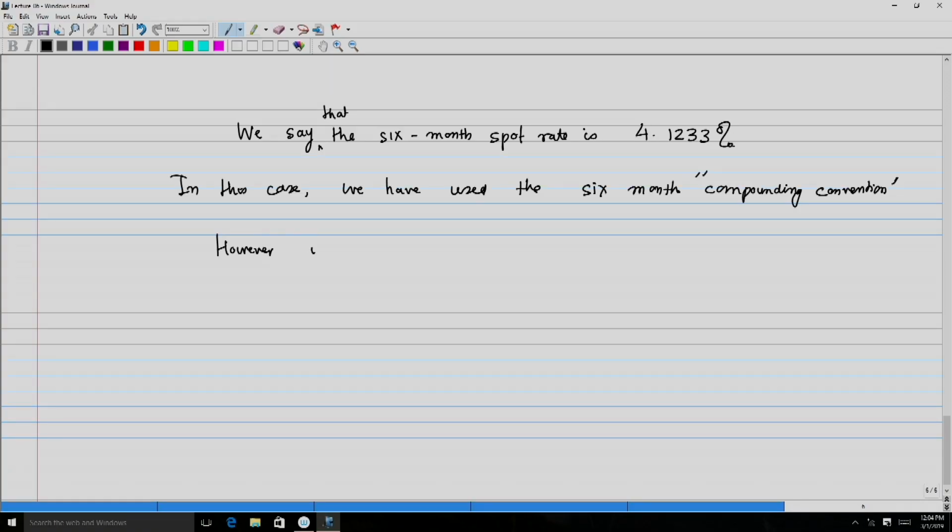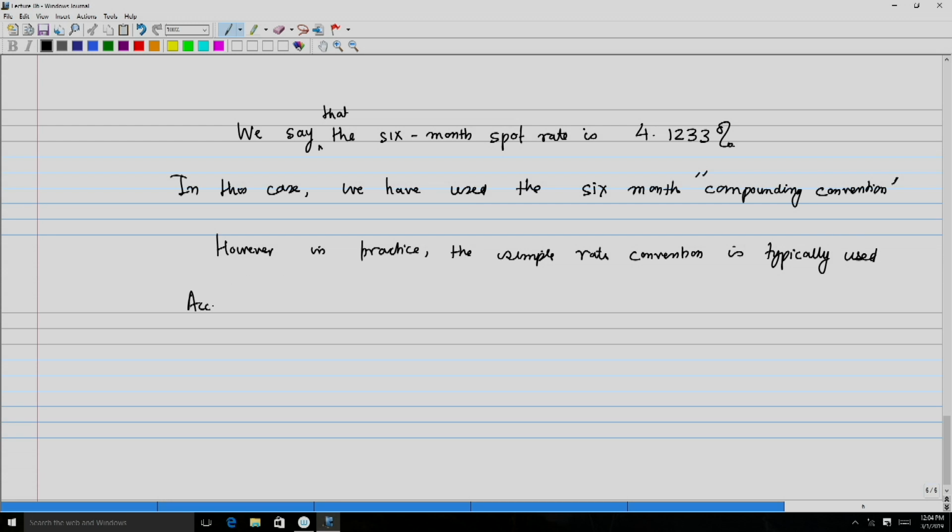However, in practice what happens is that the simple rate convention is typically used.